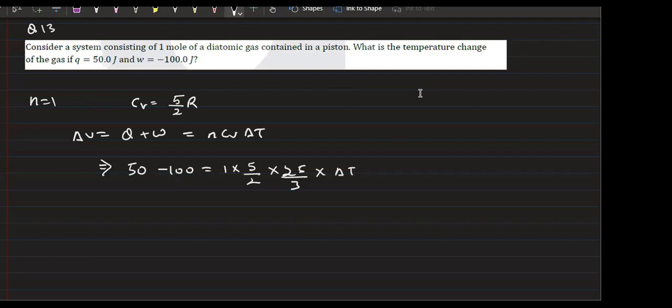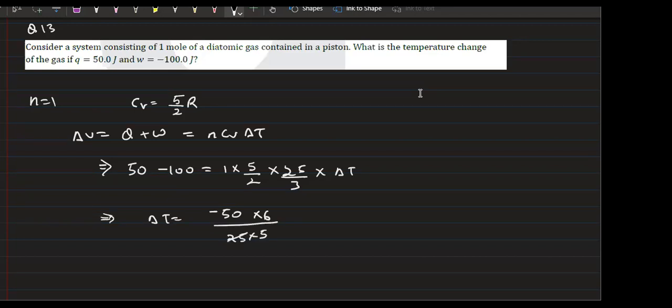Delta T. ठीक है? So यही पूछा तुमसे. निकल जाएगा? Tell me, निकलेगा? Right? ठीक है? So if you solve this, it will be how much? Delta T will be equal to minus 50 into 6, whereby 25 into 5.